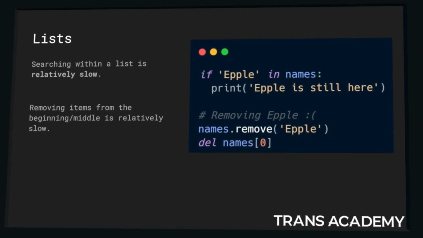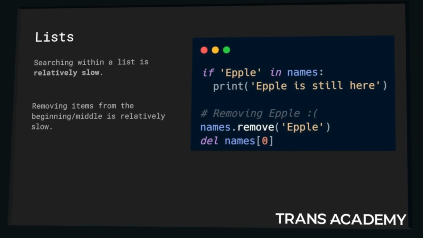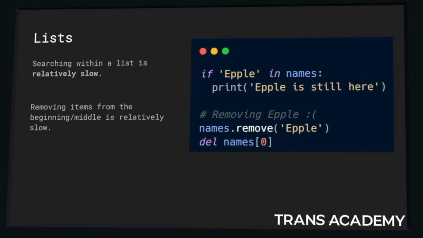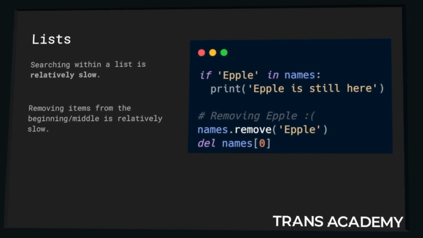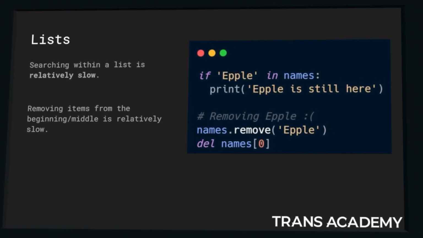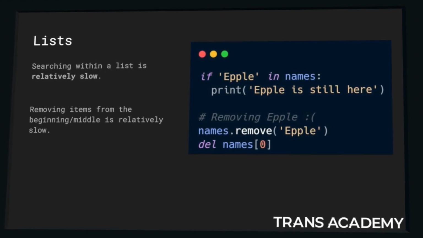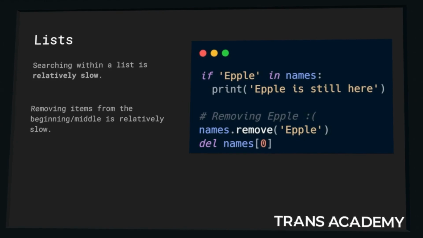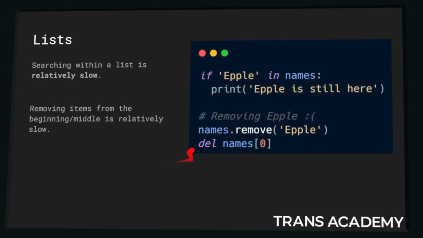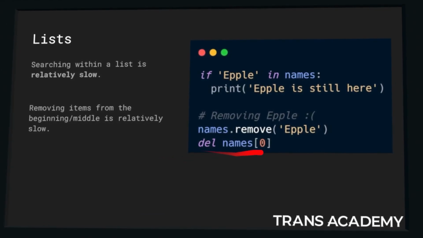All right. So searching within the list is relatively slow. So slow because you're going to have to check every single item and see if the item exists. And while, yes, as mentioned a little earlier, you can technically remove an item from the beginning of the list, it's very slow.